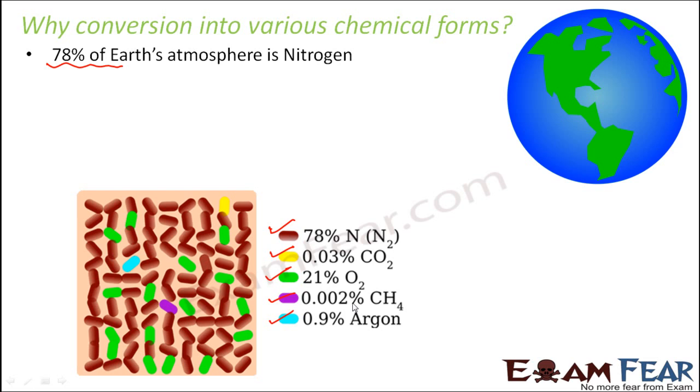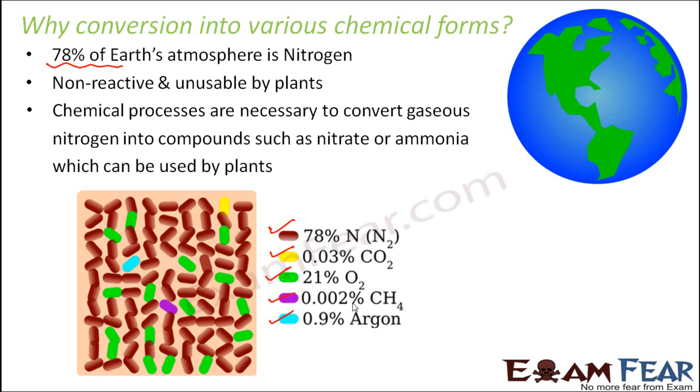So nitrogen is present in abundance in the atmosphere, but this nitrogen is inert and not in a usable form, so living organisms cannot utilize it. There is no use of so much nitrogen being present in the atmosphere because it is non-reactive and unusable by plants. When I say plants, obviously animals are also dependent on plants, so it is not usable by any living organism.